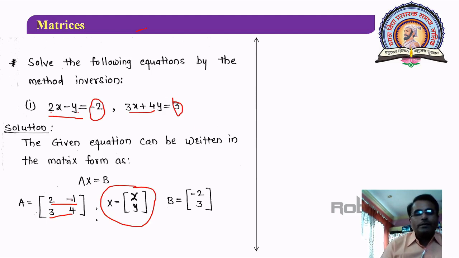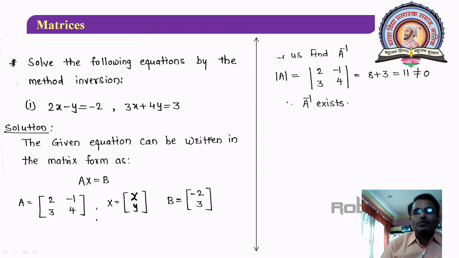Now once you get this, the next step is to find the inverse of matrix A. Okay. So to find the inverse, first we have to check whether the inverse exists or not. So consider A inverse, and let us find A inverse. For that we consider determinant A. Determinant A is equal to 8 plus 3, that is 11, which is not equal to 0.